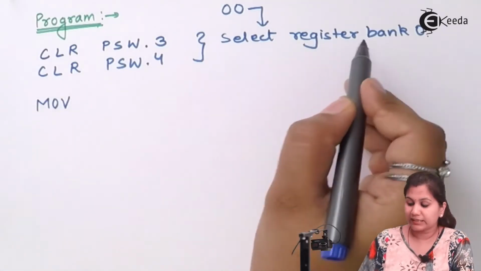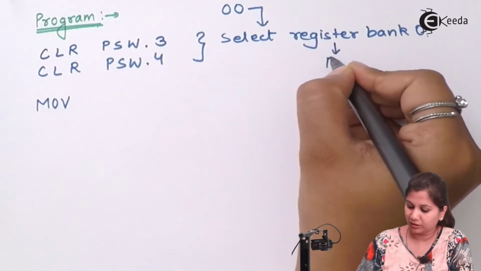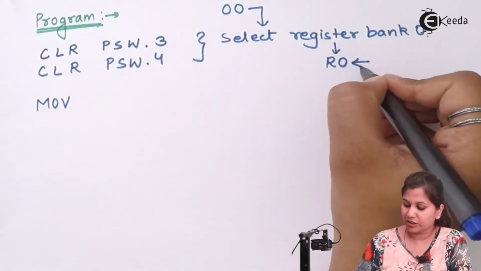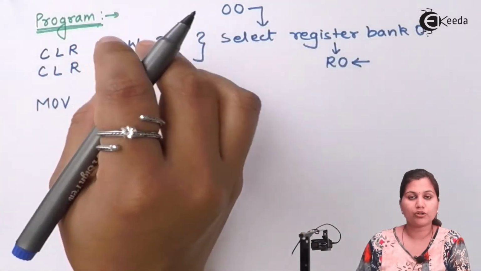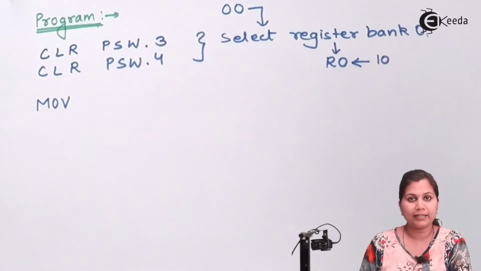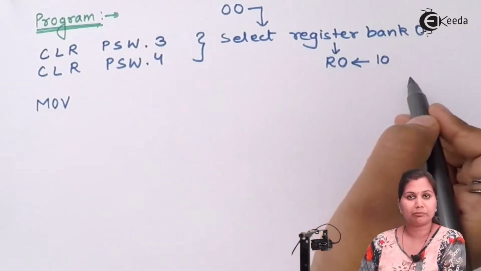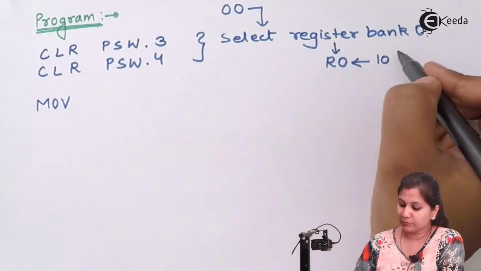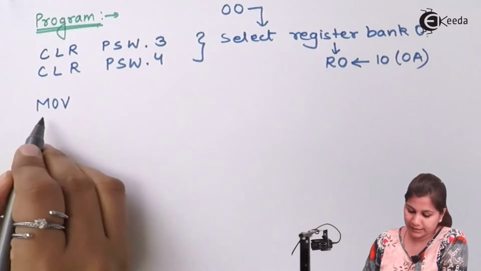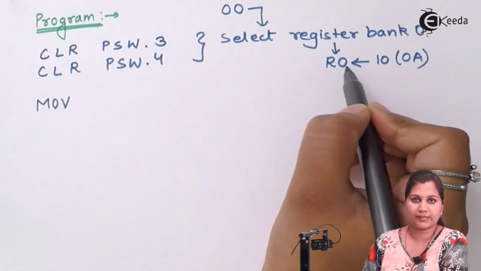Now after that, when we have selected this register bank 0, then in this bank we are having the register R0, and we have to initialize this register R0, or load it, or choose it as the counter. And counter, because there are 10 numbers, 10 bytes of data, so we will initialize it by 10. Now in hexadecimal, 10 is written as 0A. So next step is to move 0A into R0 register.